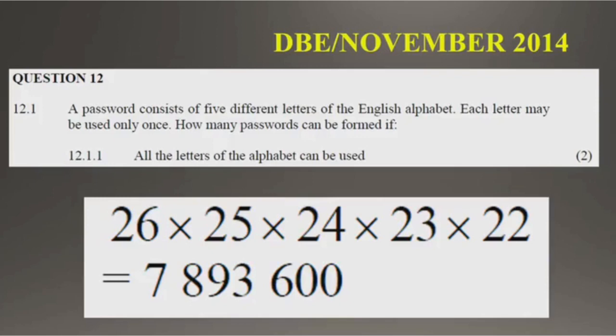Let's go to how these questions look in exam papers. From the November 2014 DBE paper 1, question 12 had the following situation. A password consists of 5 different letters of the English alphabet. Now, grade 12s, we need to recognize that in the English alphabet, we have 26 letters, right?